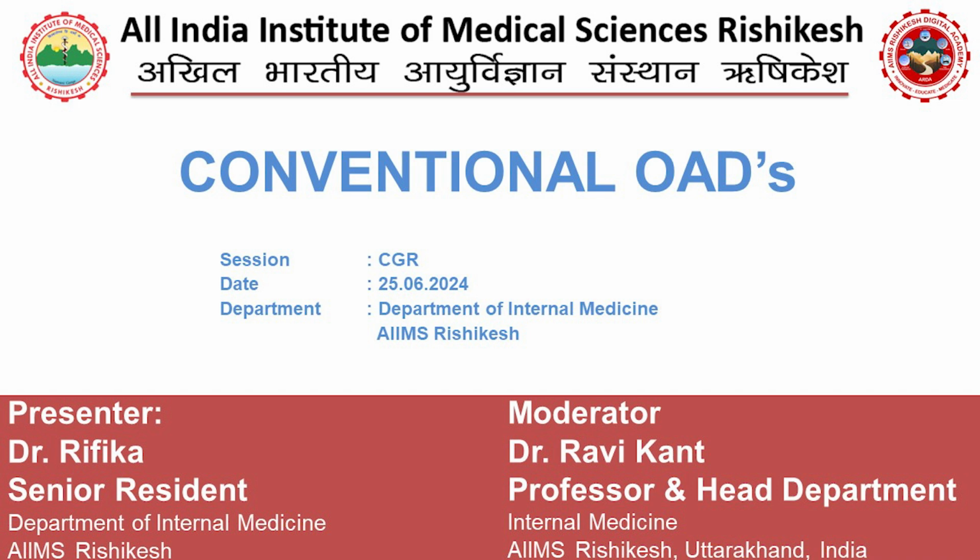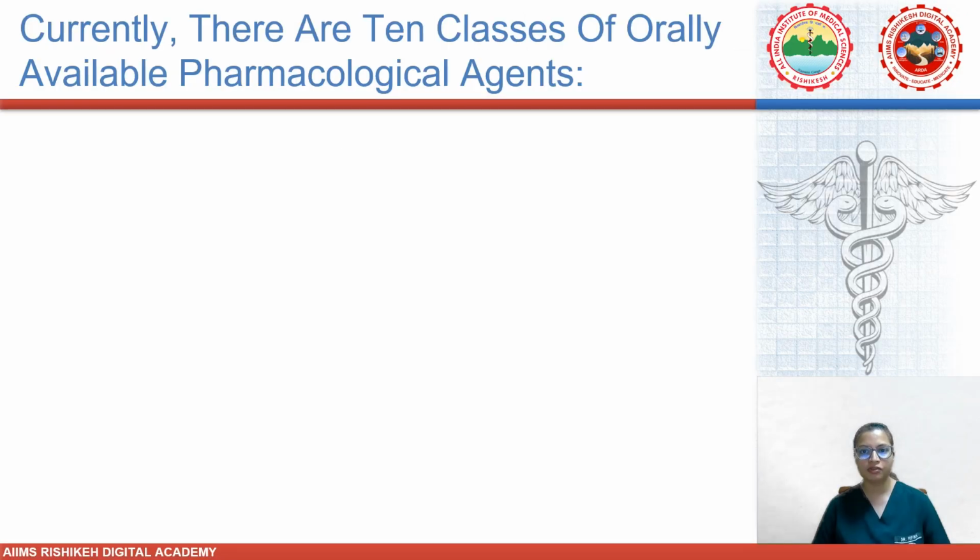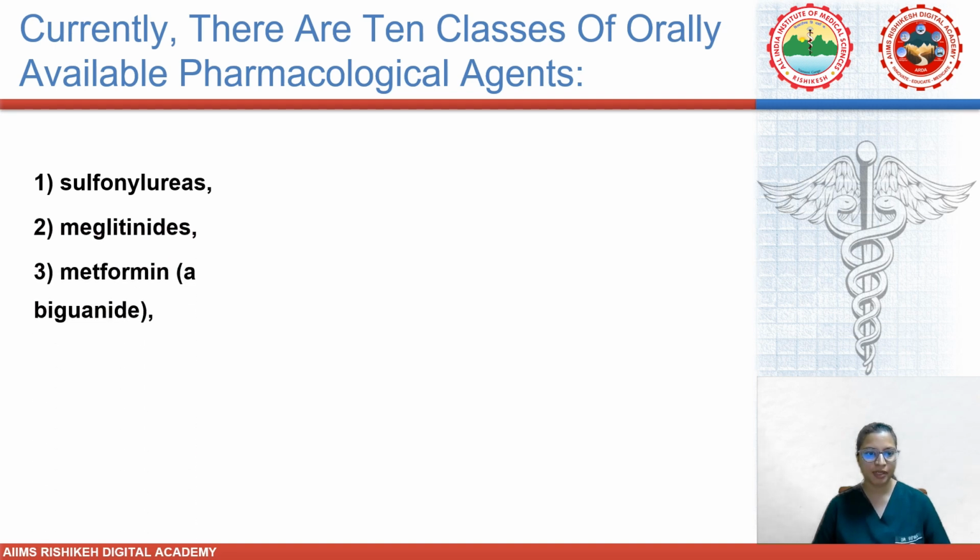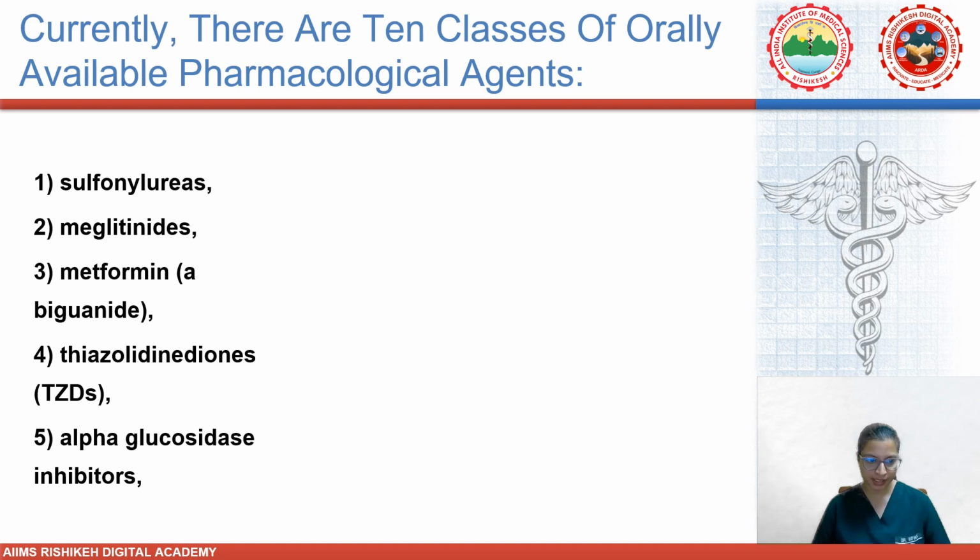Hello everyone. So in this video we are going to discuss the conventional oral antidiabetic agents. Currently there are 10 classes of orally available pharmacological agents. We have sulfonylureas, meglitinides, metformin, thiazolidinediones and alpha glucosidase inhibitors.